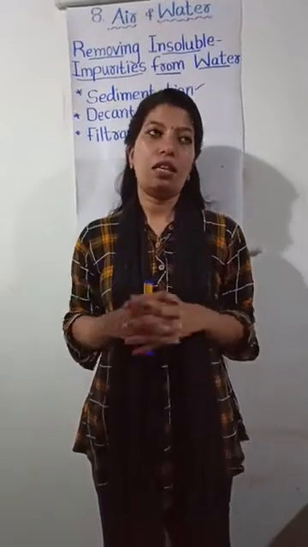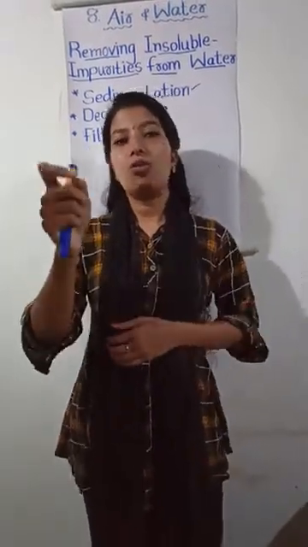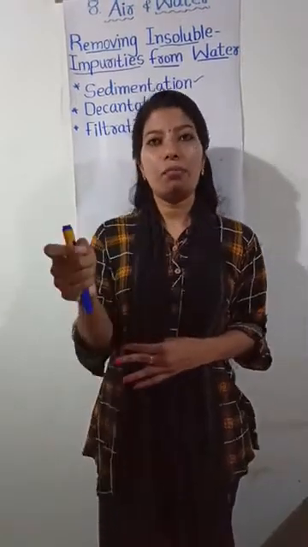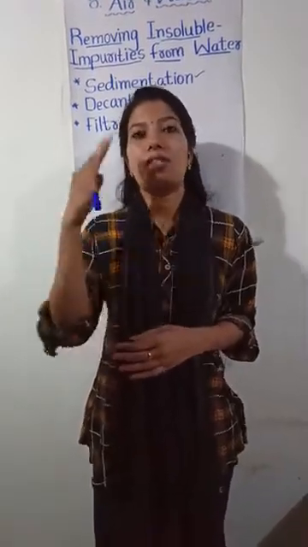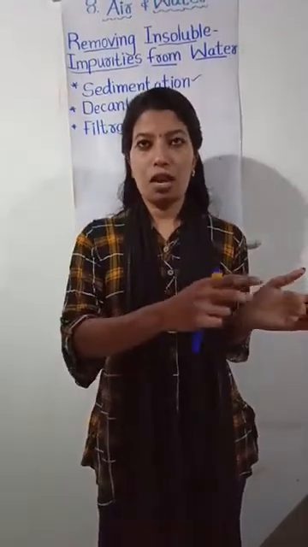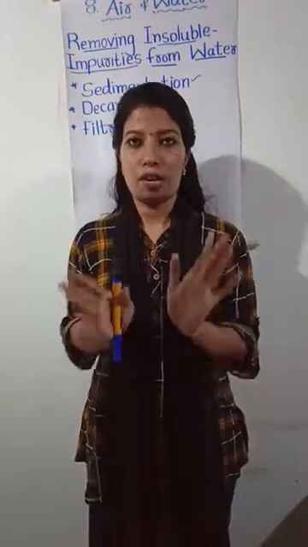Again, I will repeat it. It involves the following steps. In this method, the mixture is allowed to stand undisturbed in a container. After some time, the insoluble substances such as mud settle down at the bottom of the container as sediments, and this process is called sedimentation.